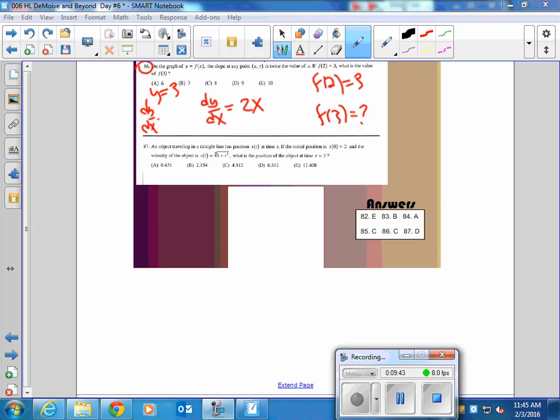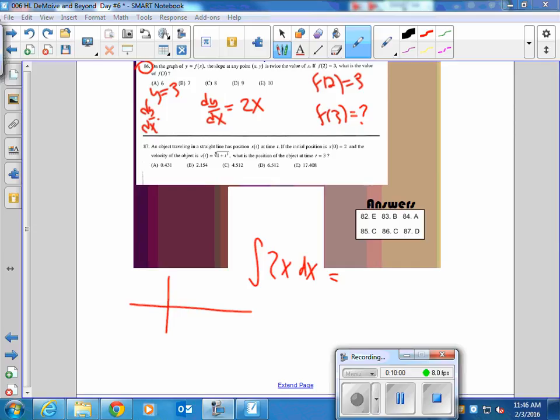Then it says the slope at any point is twice the value of x. So what is the value of f of 3?